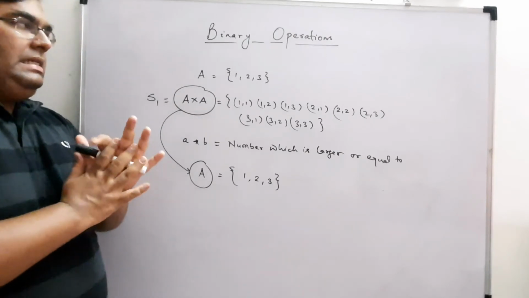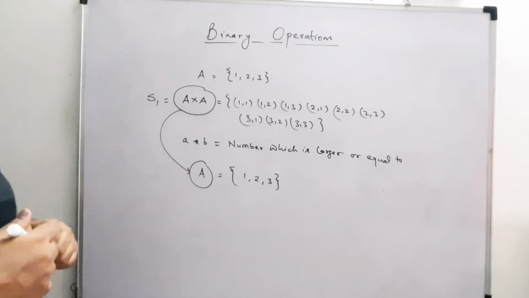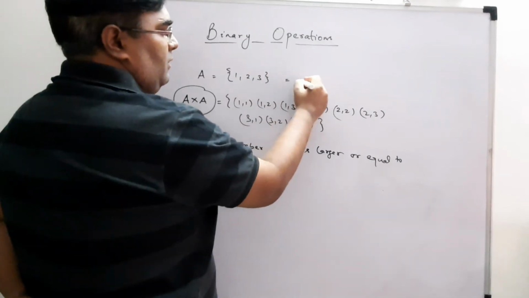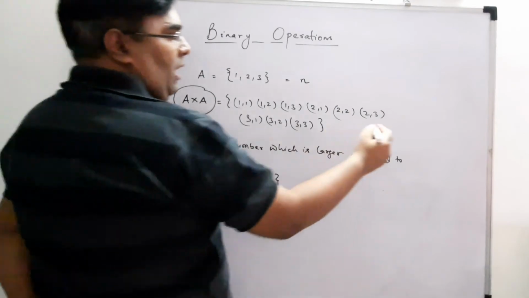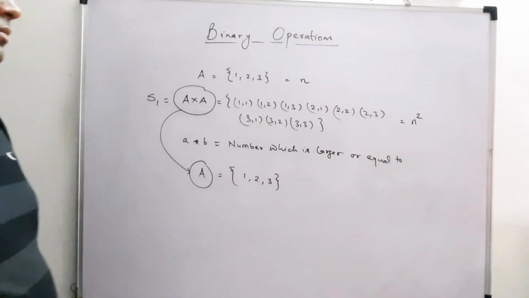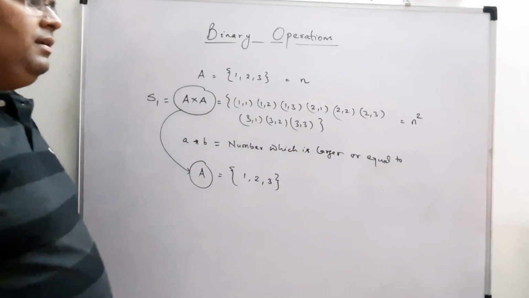Now we are interested in finding the number of elements. Suppose A has n elements, so A cross A will have n square elements. Here it was 3, so if you count it, it will be 9.